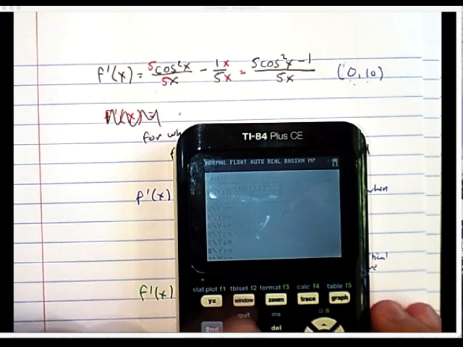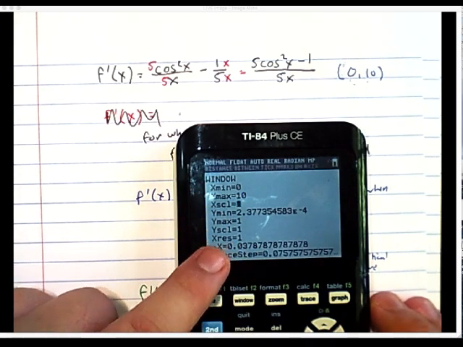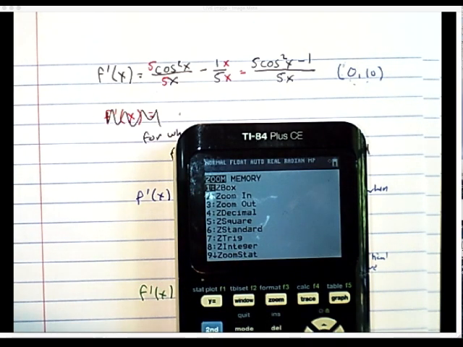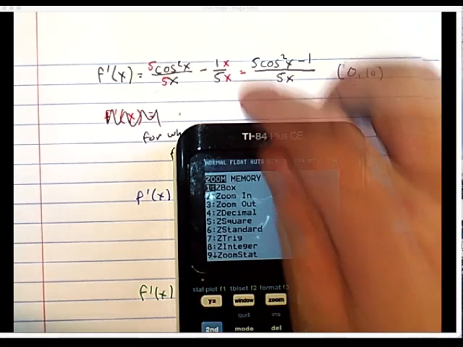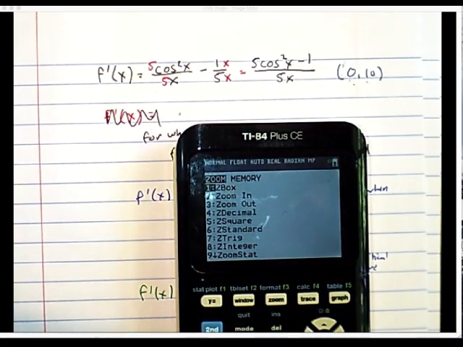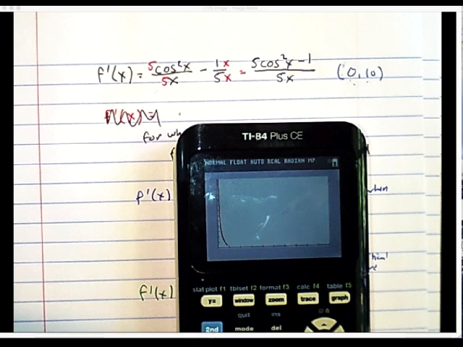And again, my window can be from 0 to 10, and then I can do a zoom fit again. I know the derivative, it gave me the derivative function, when that equals 0, that's going to be a critical value. So looking at this really complicated curve, figure out all the points where the derivative equals 0, or where the derivative is undefined.